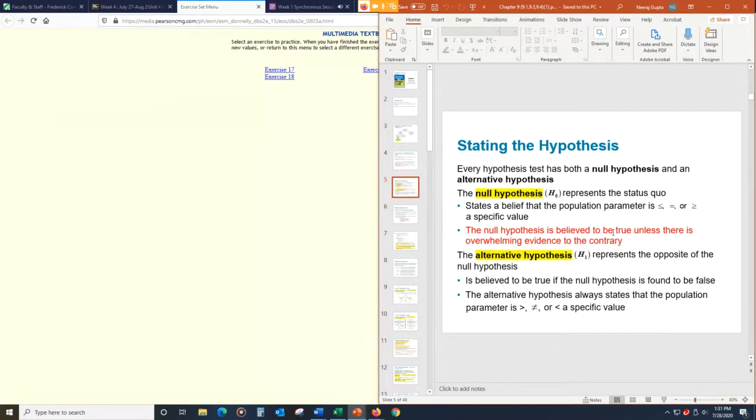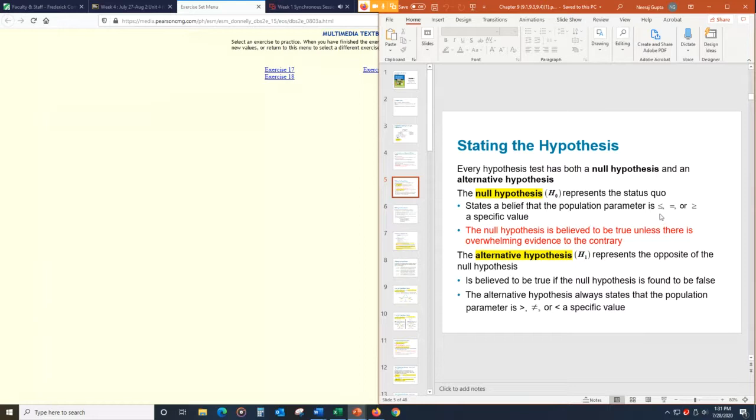The null hypothesis is kind of the status quo. So we start our testing with the assumption that the null hypothesis is true, and then we grab the sample statistics and test statistically whether we have enough evidence to support that the null hypothesis is true or it is not true. So it is kind of status quo.